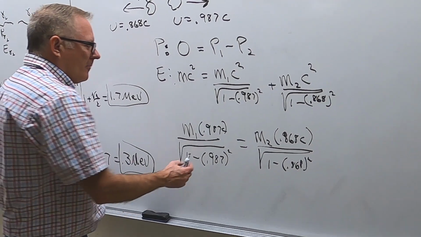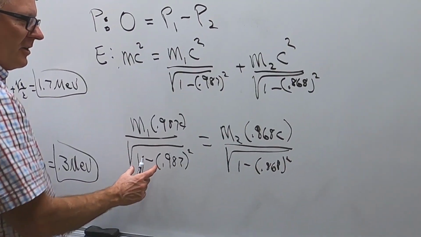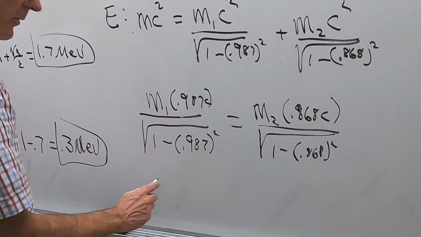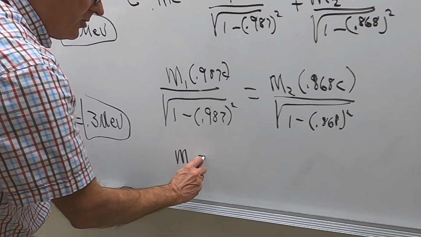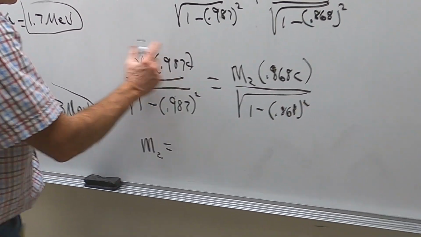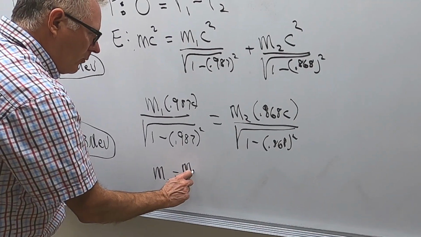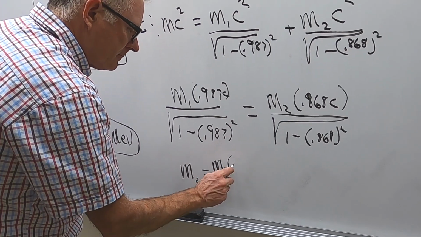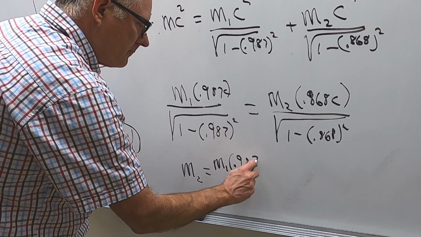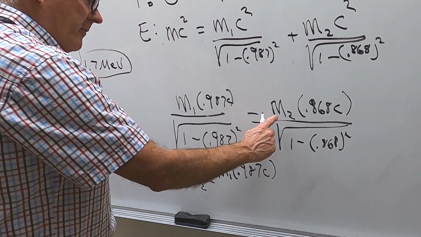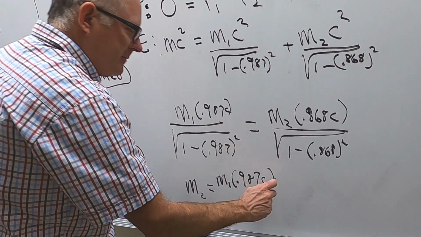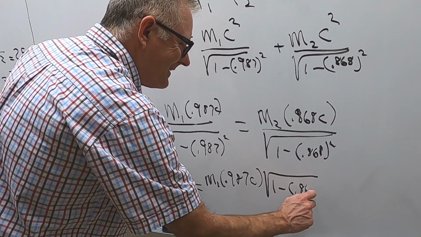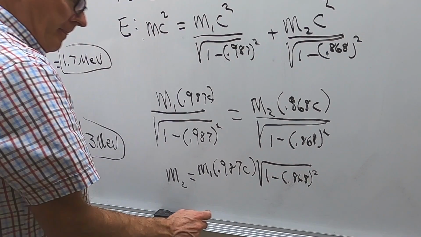But you noticed if I solve for m2 out of this equation, you get m2 equals m1 times 0.987c, we're solving for m2, times the square root of 1 minus 0.868 squared.